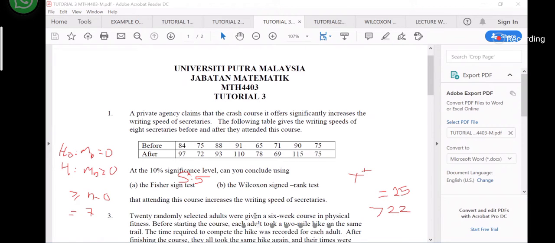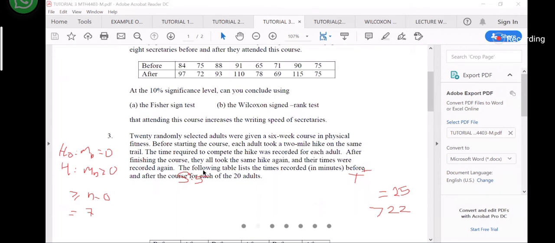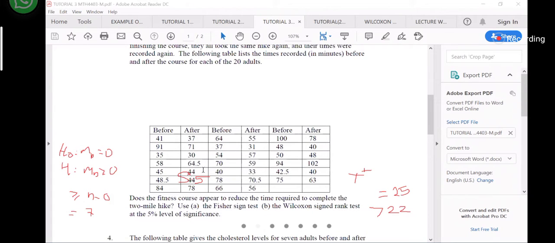This should be number 2, but whatever. For number 2, what do you get? Because this is very simple, let's just quickly run over it. For Fisher, S equal to 17. You should get 17 here.